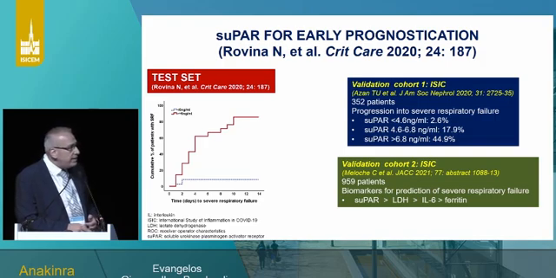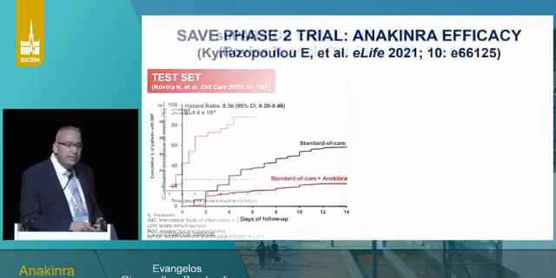You see that a concentration more than 6 can early predict that 50% of the patients with this high concentration will sooner or later need to be admitted to the ICU, and also in the second validation cohort, in patients at the emergency department, suPAR was increased far earlier than LDH, IL-6, and ferritin.